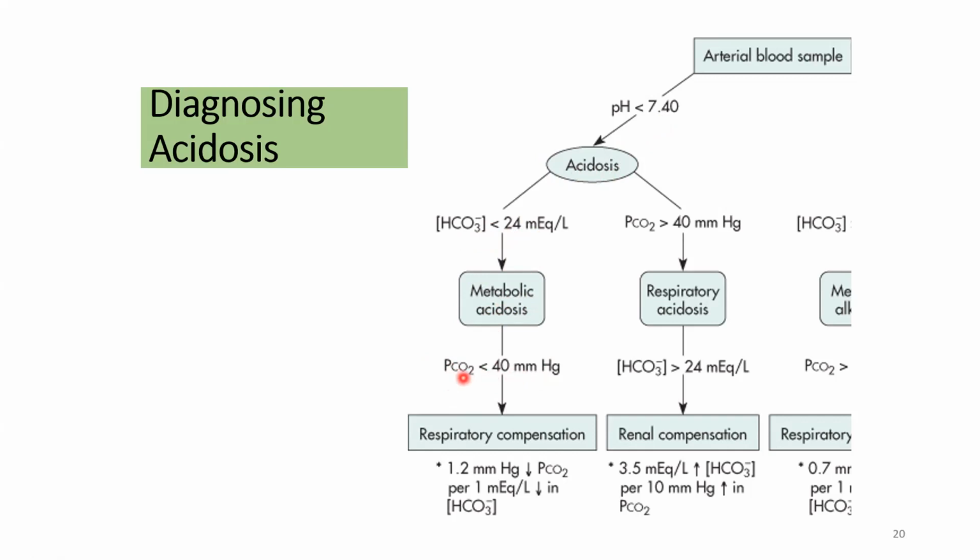If PCO2 is less than 40 mmHg, 40 mmHg obviously being the normal PCO2, then you say that respiratory compensation has been done on this metabolic acidosis. The rule of thumb has been applied. The original issue was due to the decrease in bicarbonate.